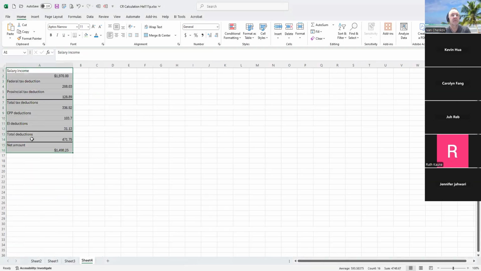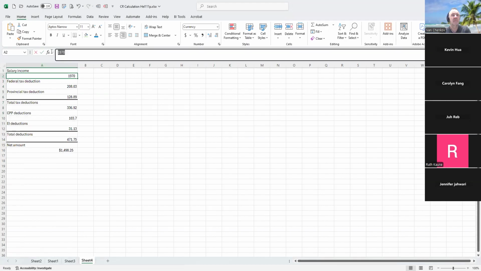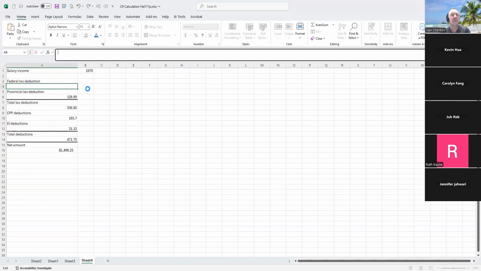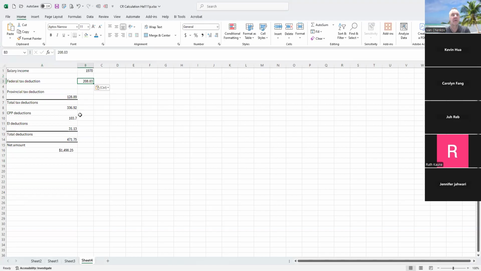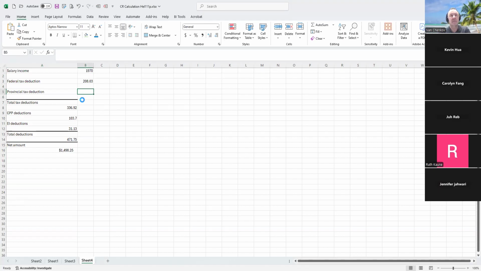Yes. So this is something that we have: salary income. And that will come here. This one's going to come here.